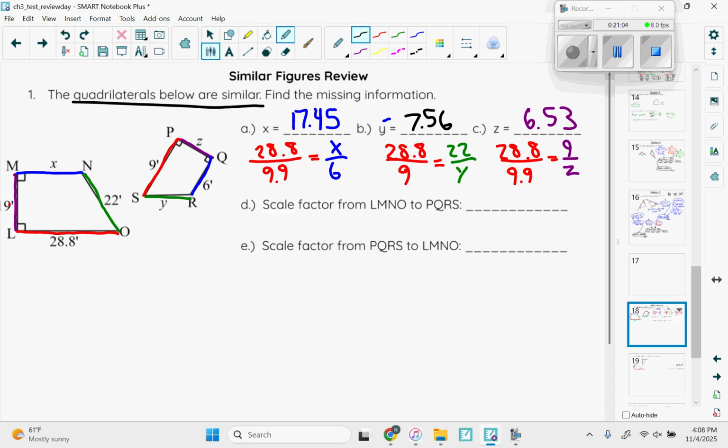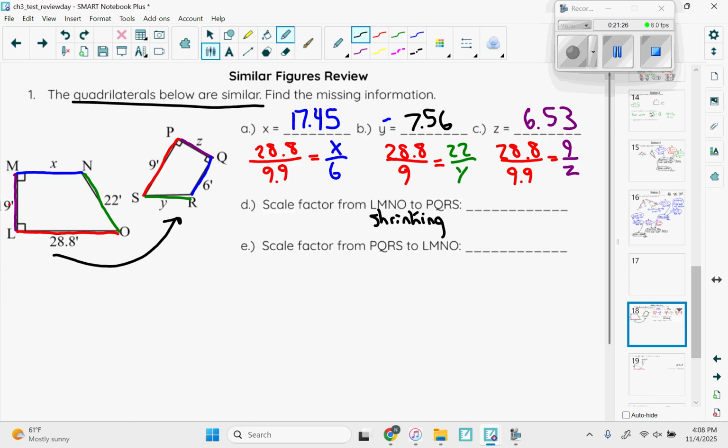When we look at the scale factors, if we're going LMNO to PQRS, that's going from big to little. So it is shrinking or dilating it smaller. So we want to make sure that our scale factor will be less than 1.